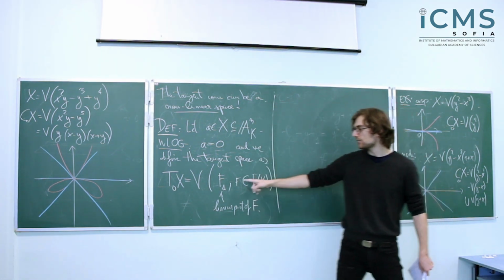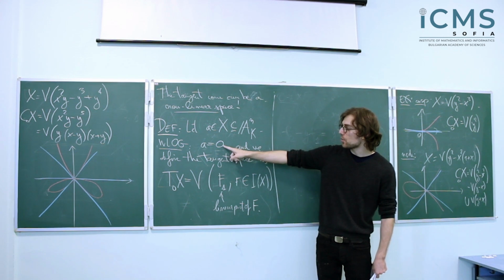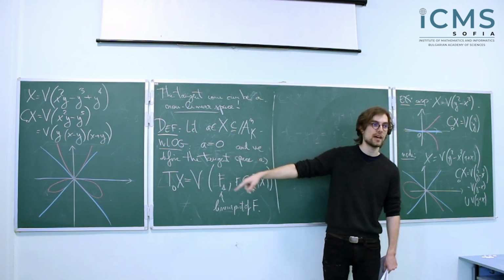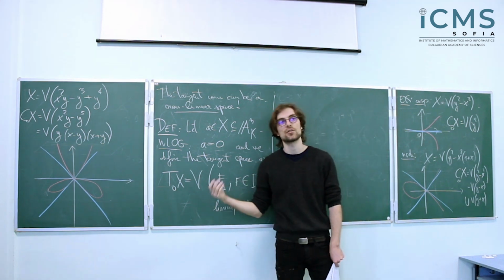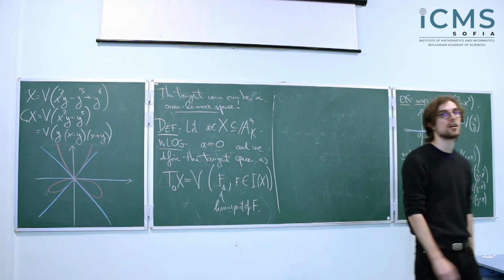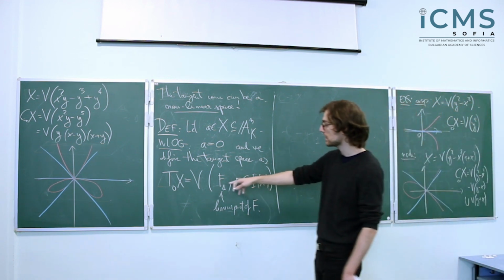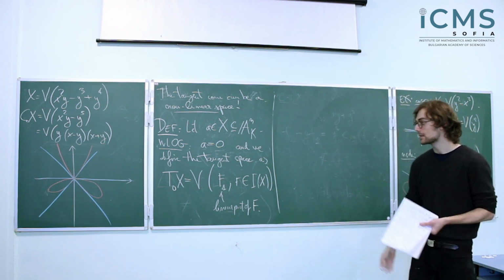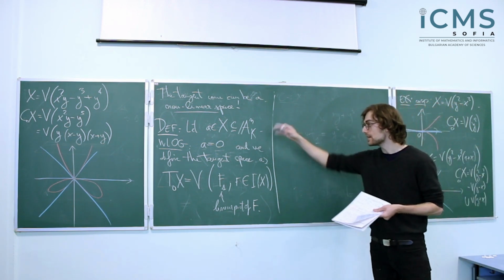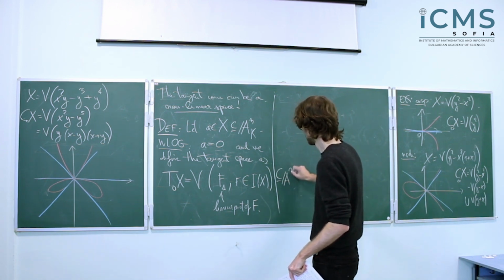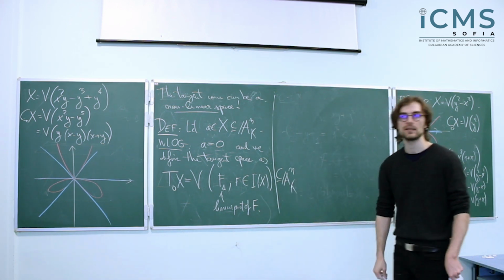Now remark that since the f's vanish at 0, they don't have a constant component. So they have linear, quadratic, cubic, and so on components, and I am only interested in the linear parts. So this is actually going to be a tangent space, a vector space, a linear space inside of A^n of k.